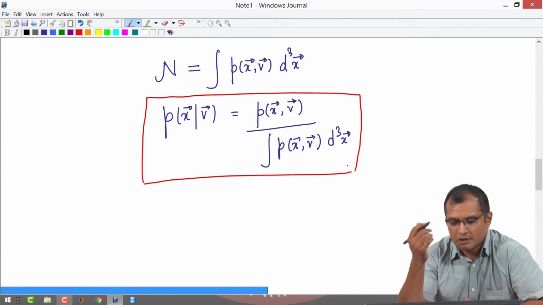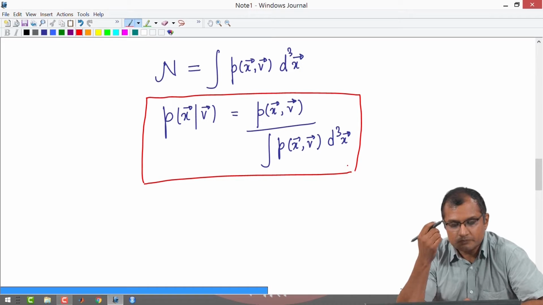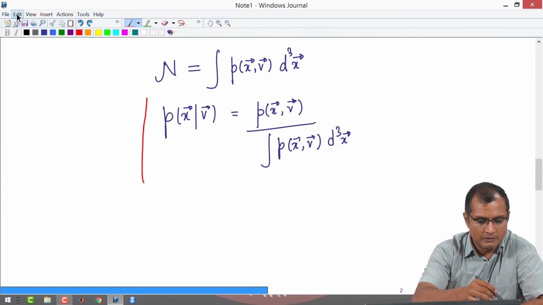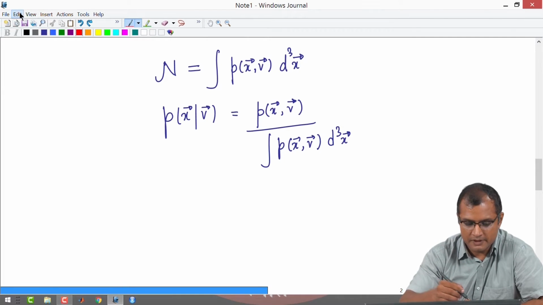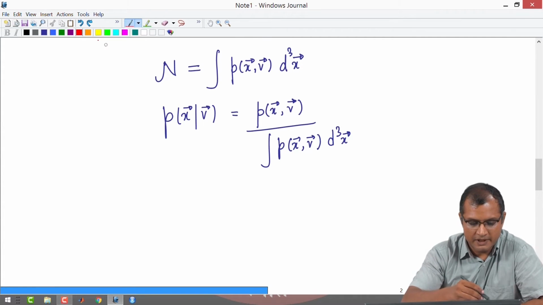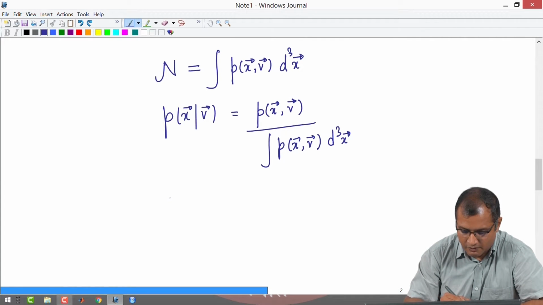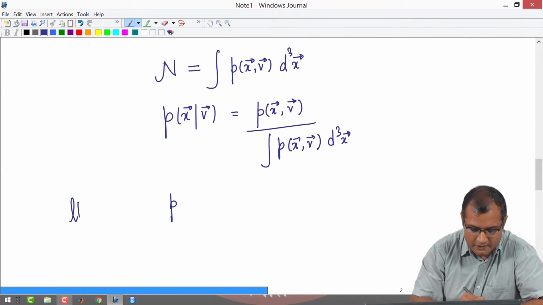You could also write down the result for the conditional probability for velocities.